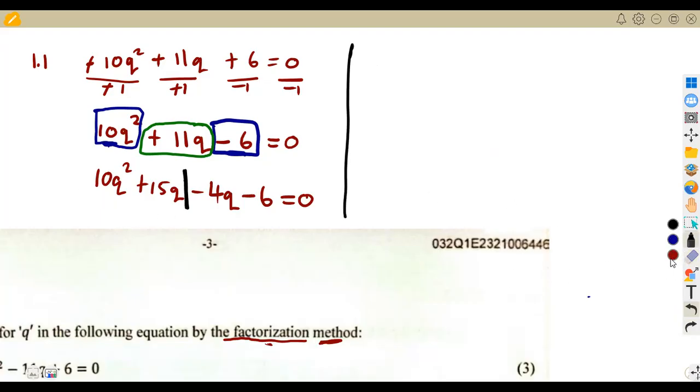Let us consider from the first two terms here, what is common? 5, between 10 and 15. 5 is the highest common factor, and q between q squared and q. Remember, for the highest common factor, you take the one with the smallest exponent. So you can factor out 5q, and whatever we factor out, we divide. So that's 10q squared divided by 5q, which is going to give us what?